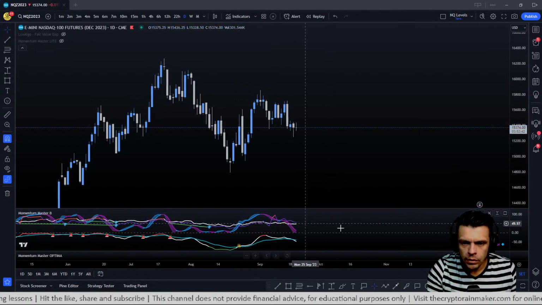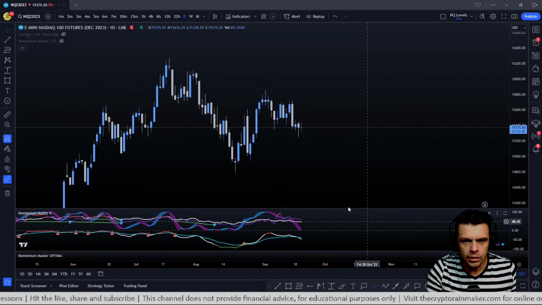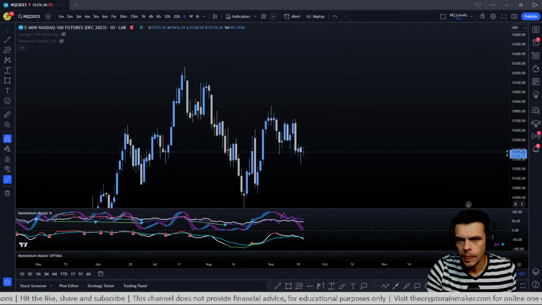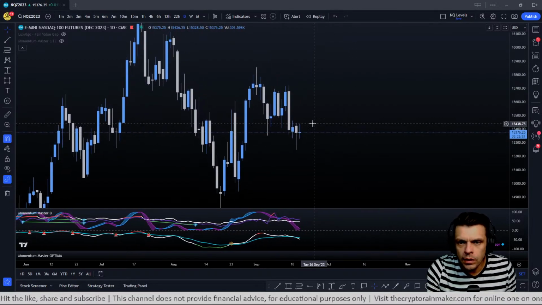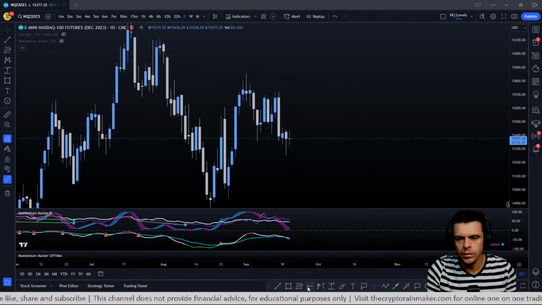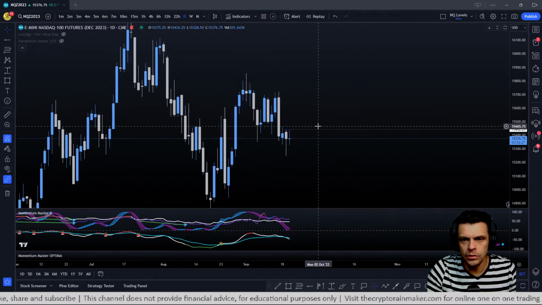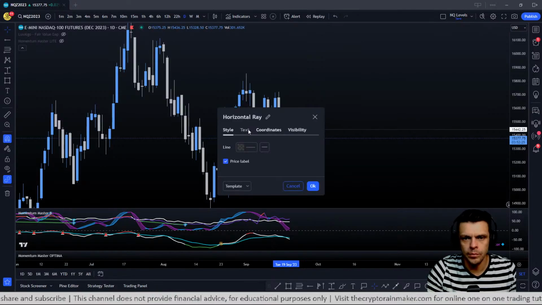The money flow and the RSI are kind of still looking a little bit indecisive. Okay, so this is today's candle. We've not yet taken the previous day's high or low. Pretty interesting. So we have the previous day's high.